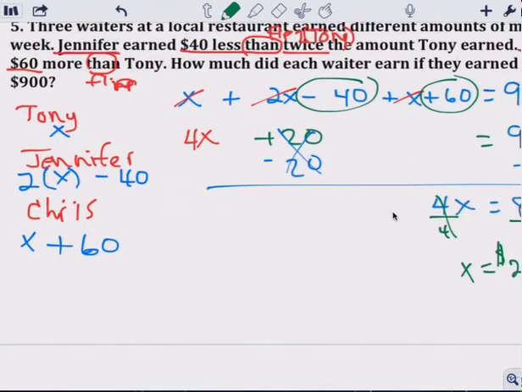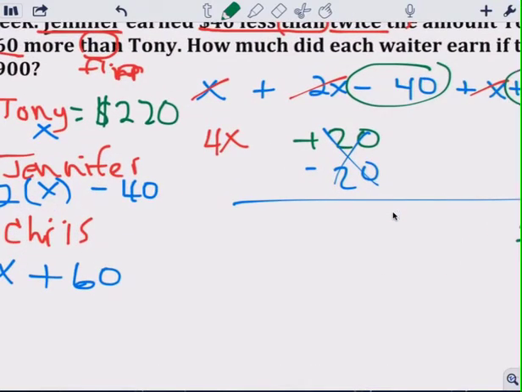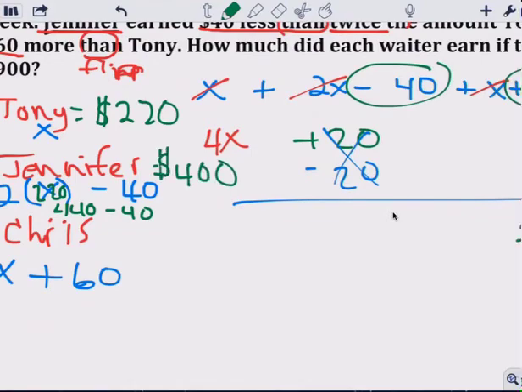So X belongs to Tony. Tony makes $220. Jennifer makes 2 times Tony, 220, so that gives you 440 minus $40. She makes $400. Not bad.